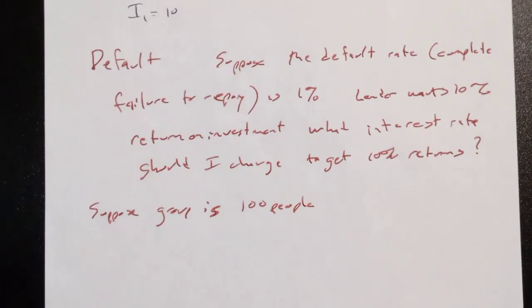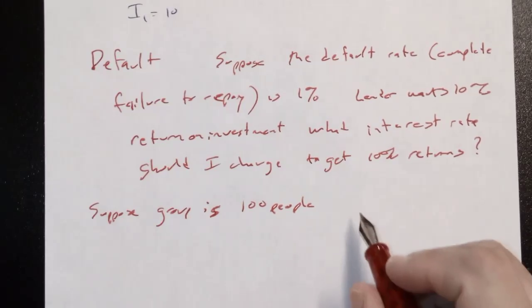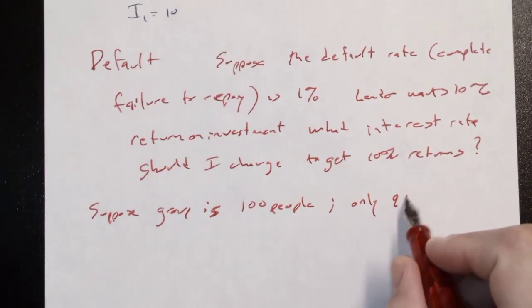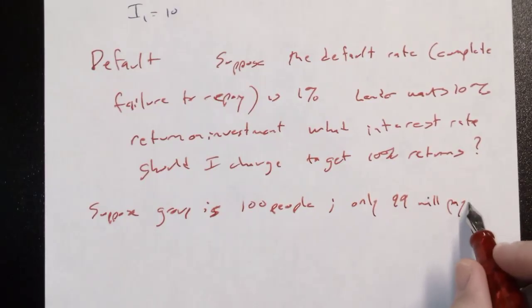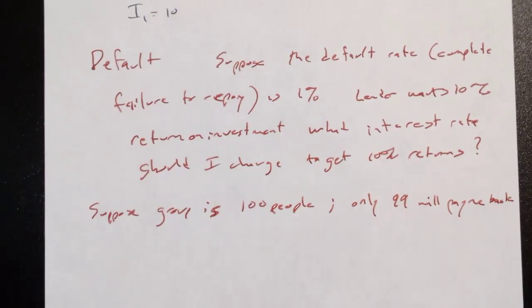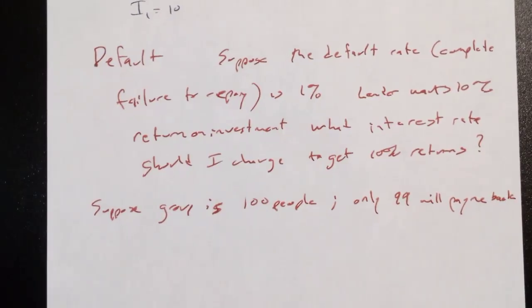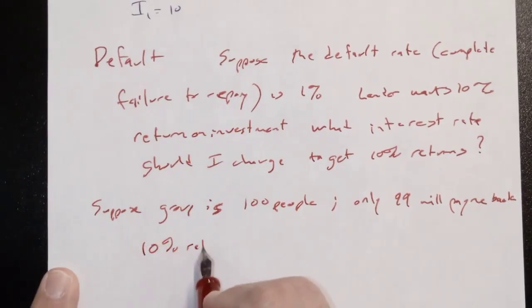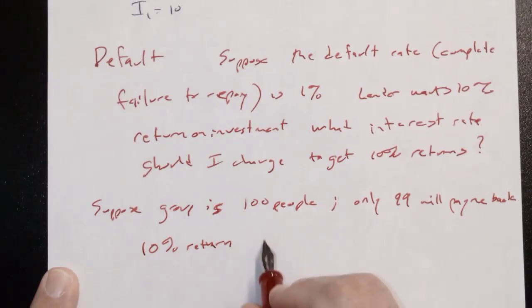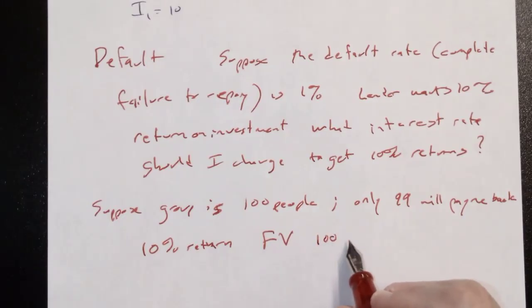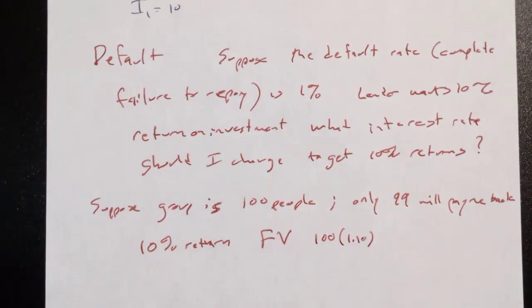If there are 100 people, I'm only going to get paid back from 99 of them. If I want a 10% return on investment, the future value is 100 people times 1.10.